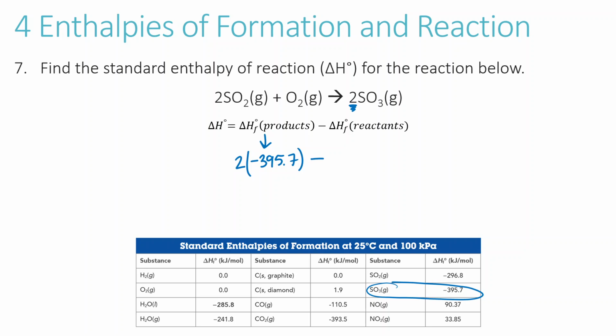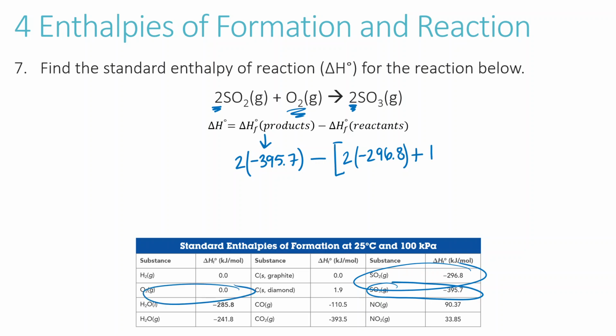Now I need to subtract from that my reactants. So I have 2 reactants here. Notice there's 2 moles of SO2, so I need to double this value. So 2 times negative 296.8. And my other reactant is O2. So I'm going to add that. And there's 1 mole of O2. And the value for O2 is 0.